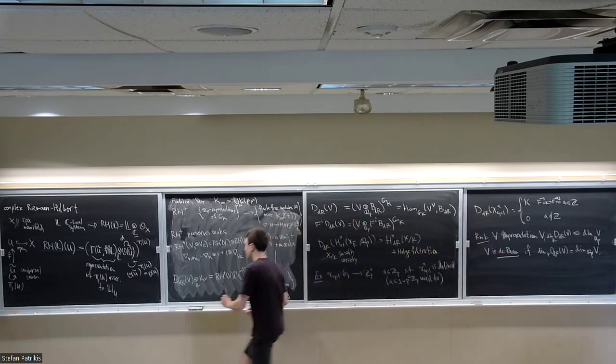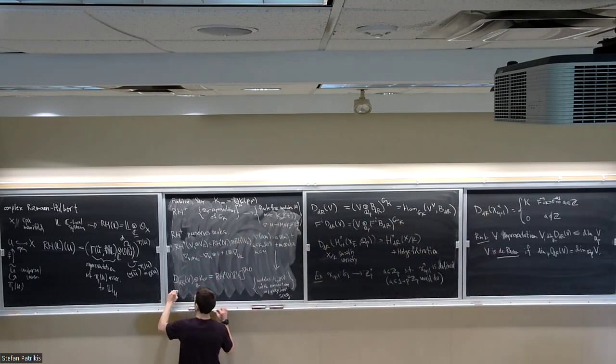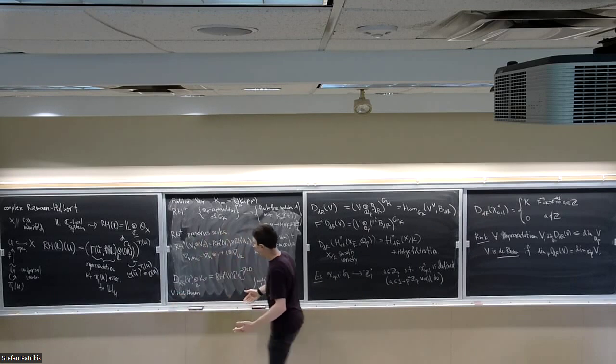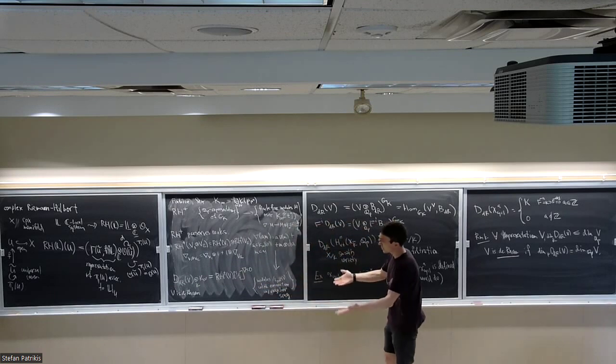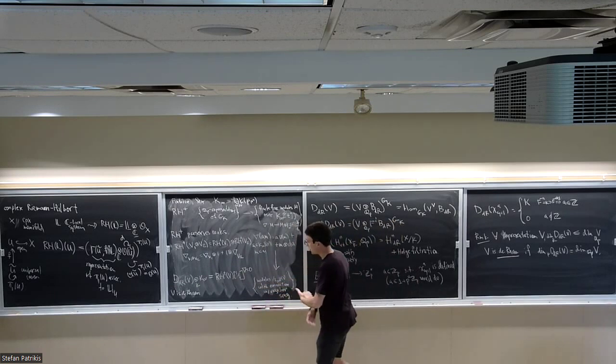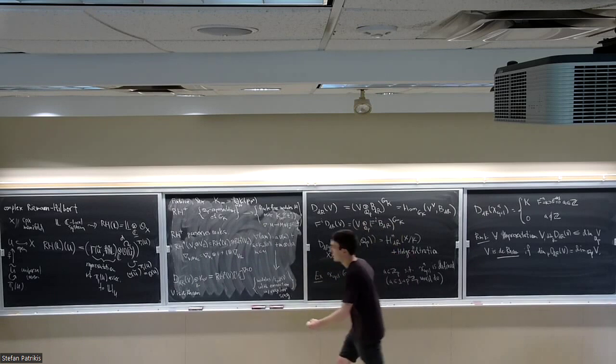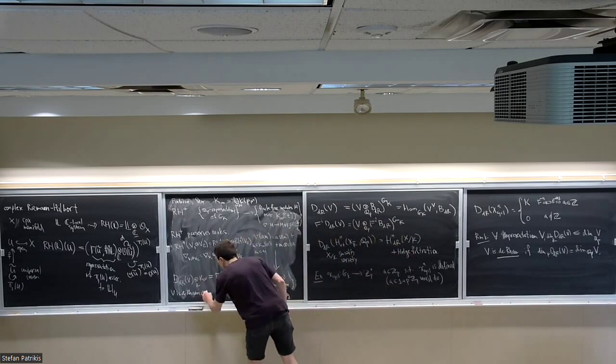And so you see that in this language, V is de Rham if and only if this vector bundle with flat connection has as many sections as the whole rank of the bundle, which means that it's generated by its flat sections. But it just means that it's trivial as a bundle with connection.